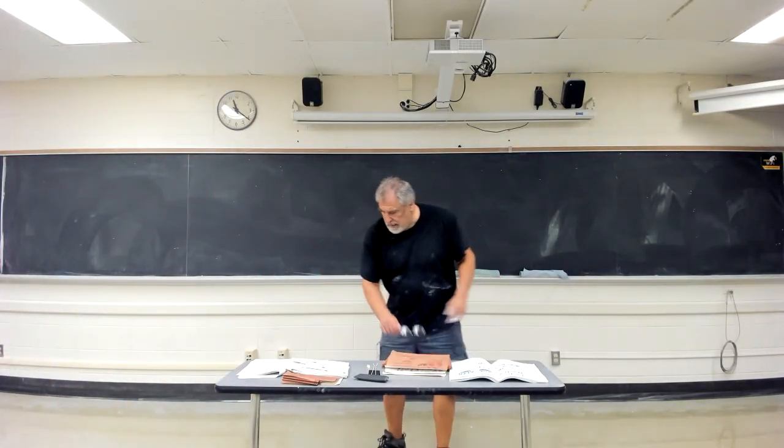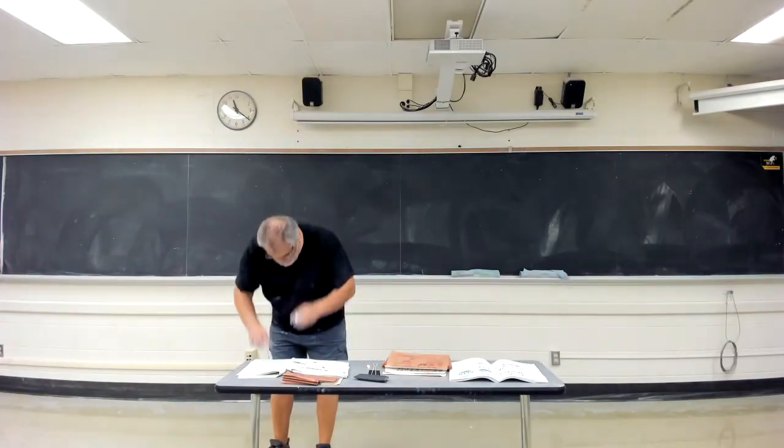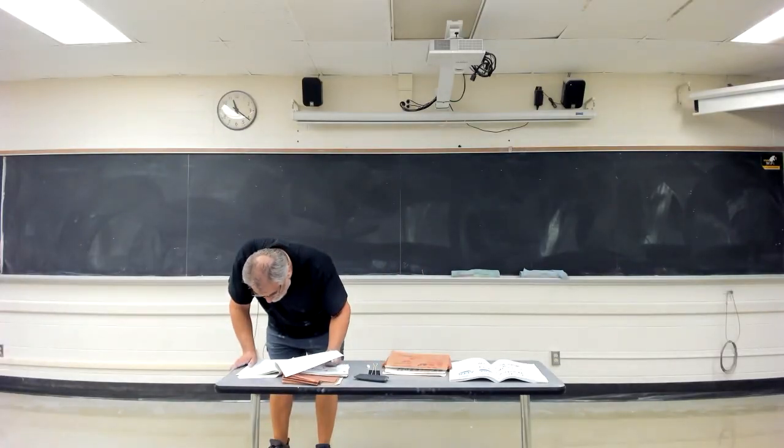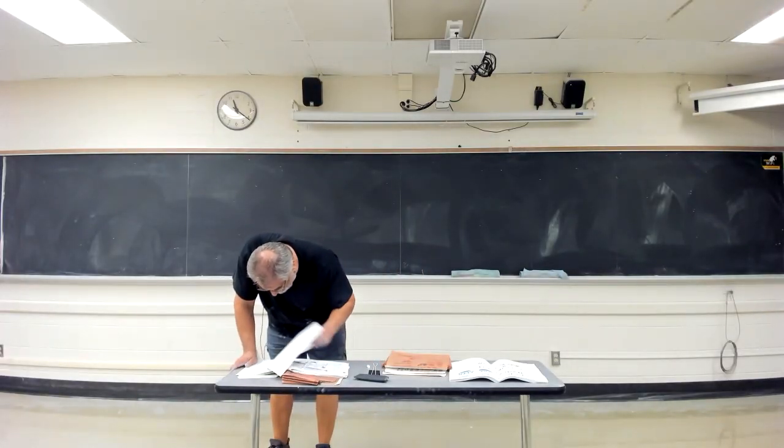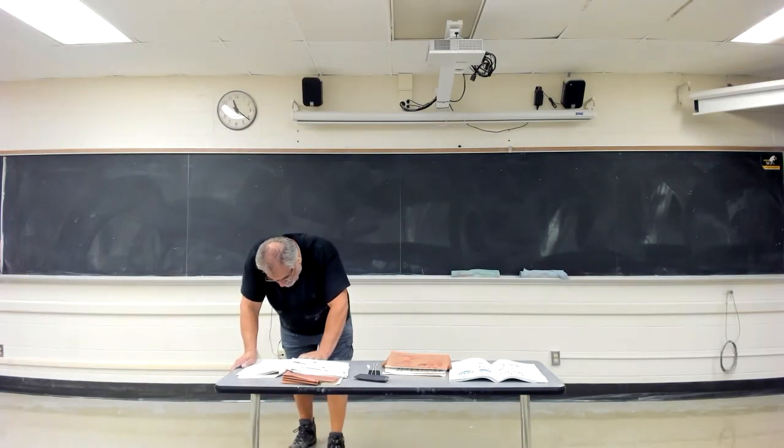All right, guys. For 31, a transformer consists of a 780-turn primary coil and a 1,403-turn secondary coil.